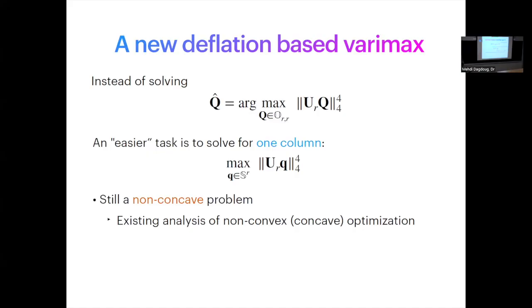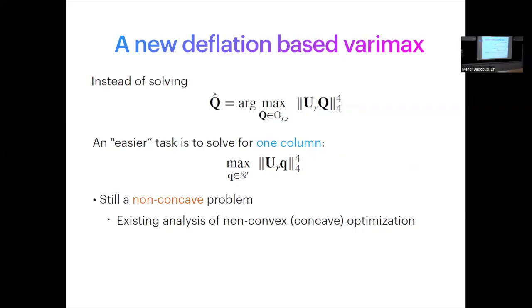And there are many existing approaches to analyze this. However, all those analyses, according to my knowledge, have the following theme. It is a local result, saying that if you have a good initialization and in a local neighborhood, you have a contraction by using, say, gradient descent all the way to the ground truth. That's what I mean by a local result. However, how to get to the local point is unknown.